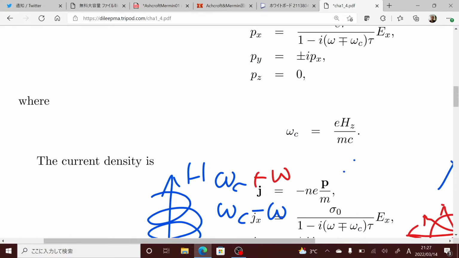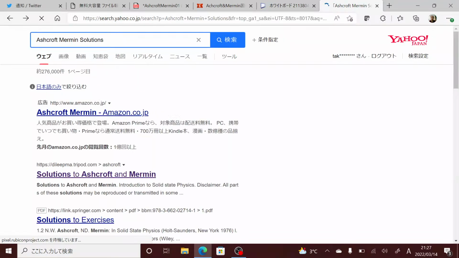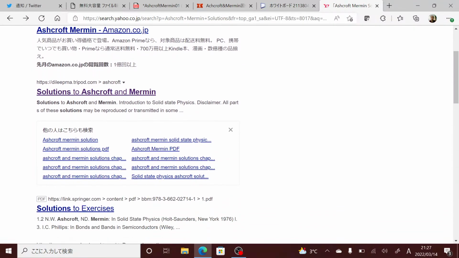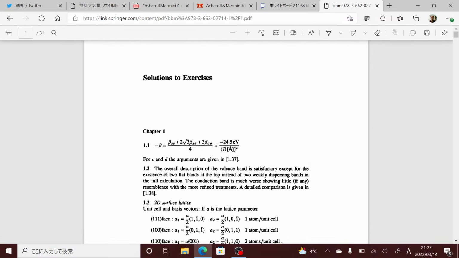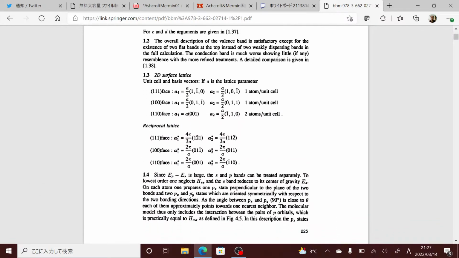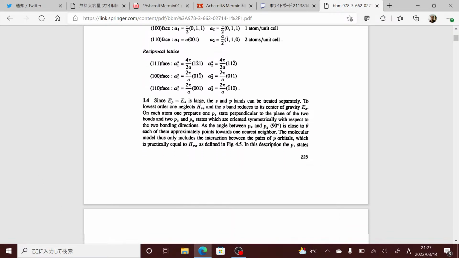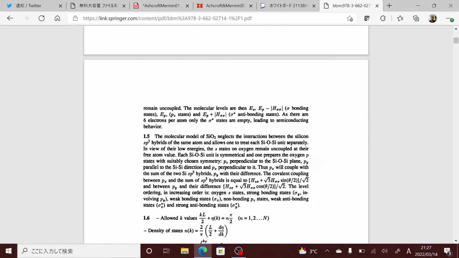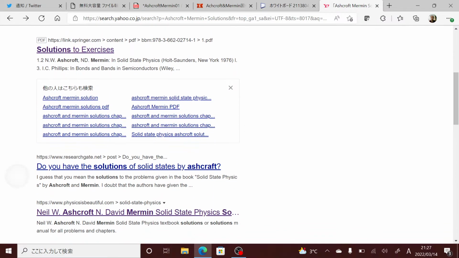Let me try the other solution. There's the other solution to the exercise. Okay, anyway. This is a different solution. Do you have a solution?